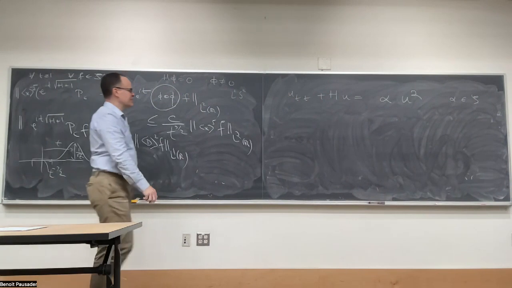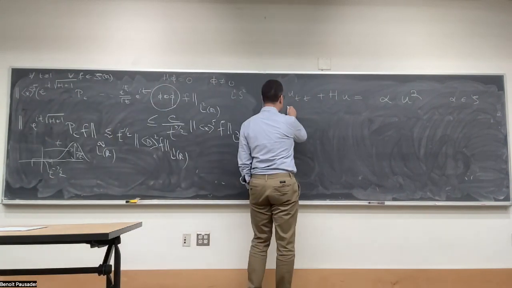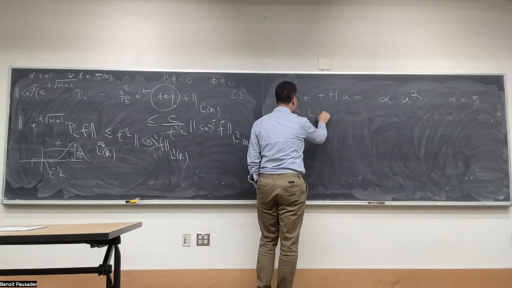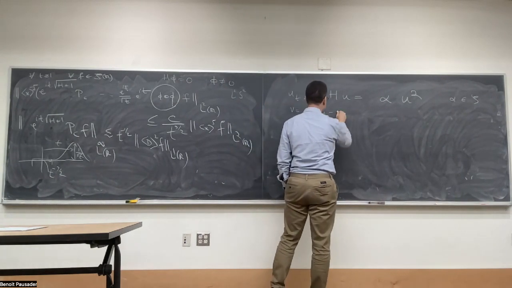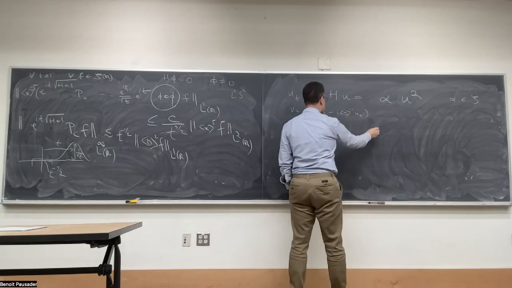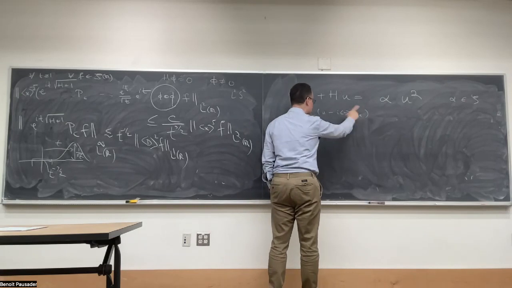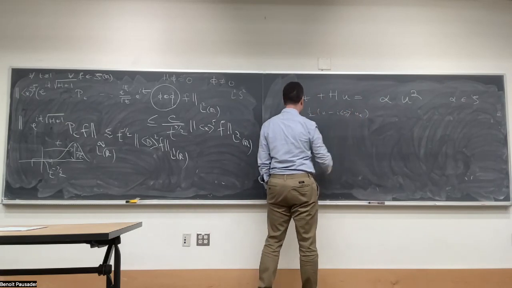First of all, we replace u as before by v, and v is 1/2 u minus i times the inverse of ut. That's L2 if u is, so what is this? This is H1 if u is H1 and ut is L2.